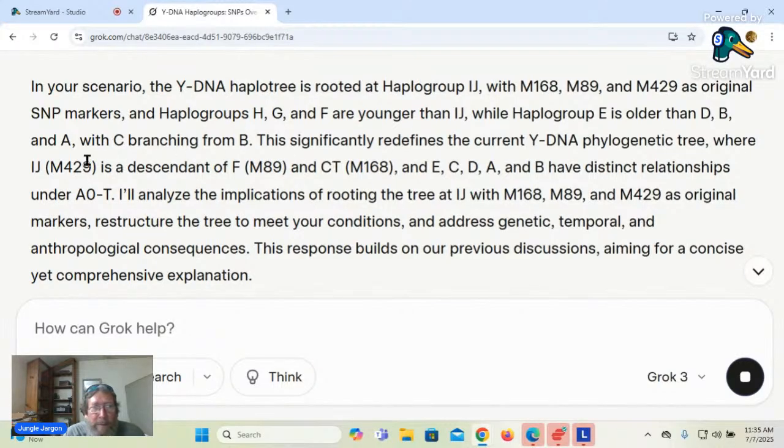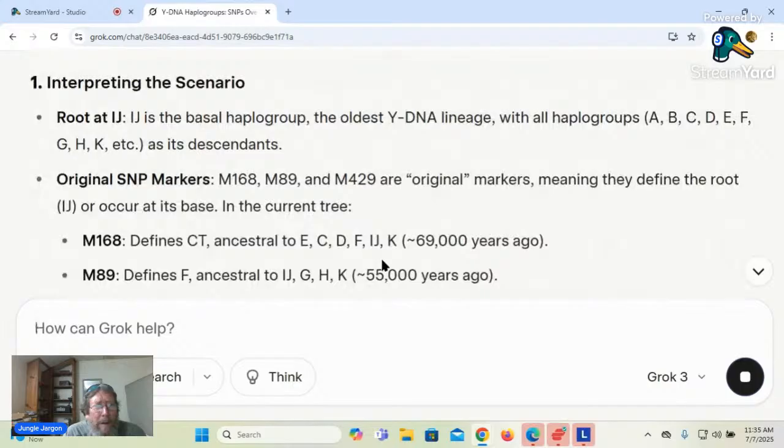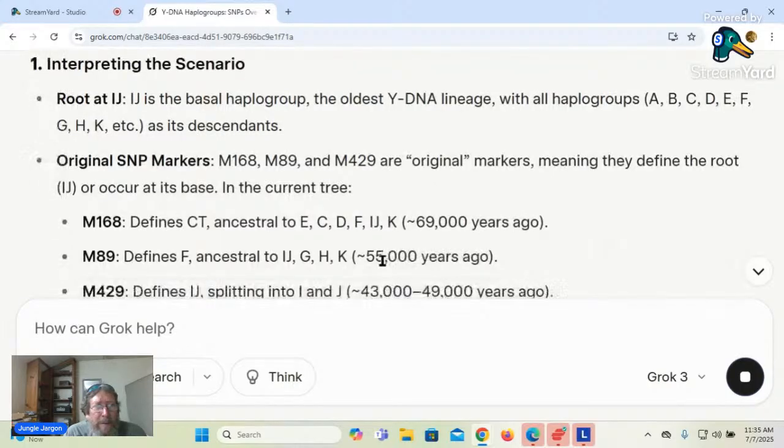Well, that's what we're doing. We're redefining it. IJ. Now, he's still saying IJ is a descendant of F. Redefines the current tree where it's a descendant of F and whatever. Okay, interpreting the scenario. Rooted IJ's basal group.